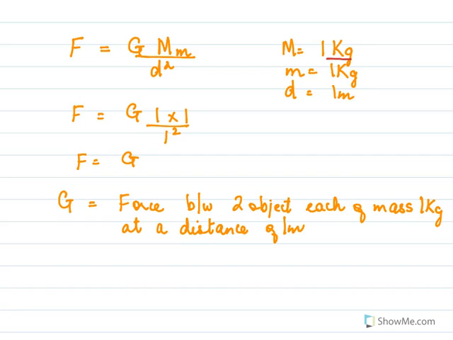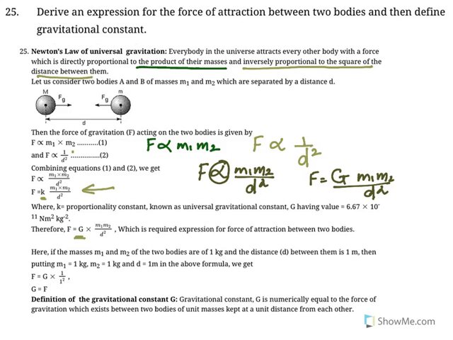This is exactly what is defined here: G is numerically equal to the force of gravitation which exists between two bodies of unit mass kept at a unit distance from each other.